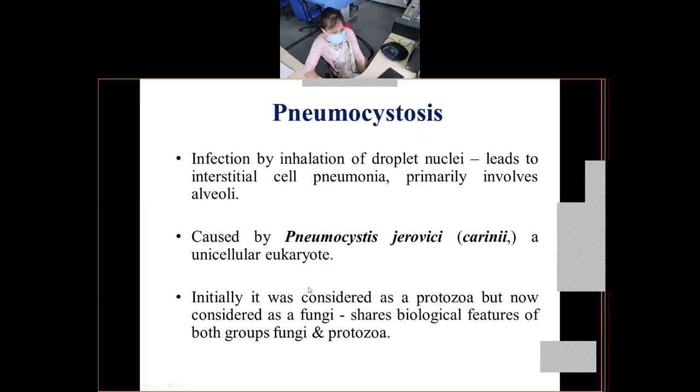So the old name, initially we used to know it as Pneumocystis carinii, but now the new name is Pneumocystis jirovecii. This is an infection which causes a clinical presentation or manifestation which we call interstitial plasma cell pneumonia.